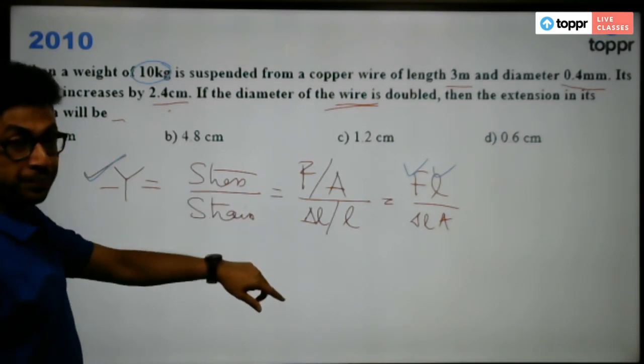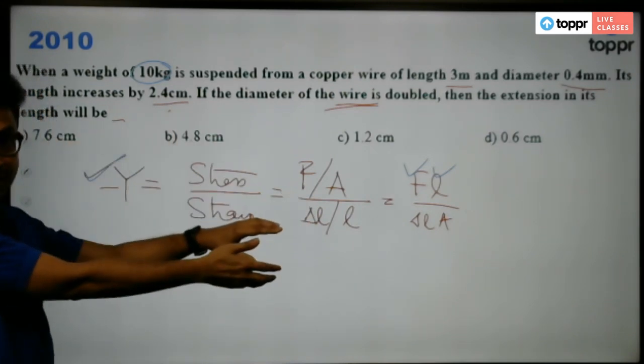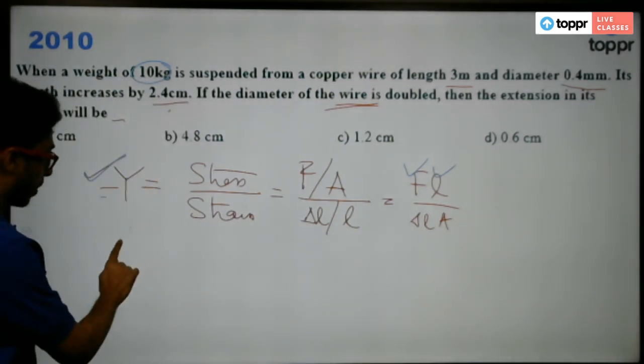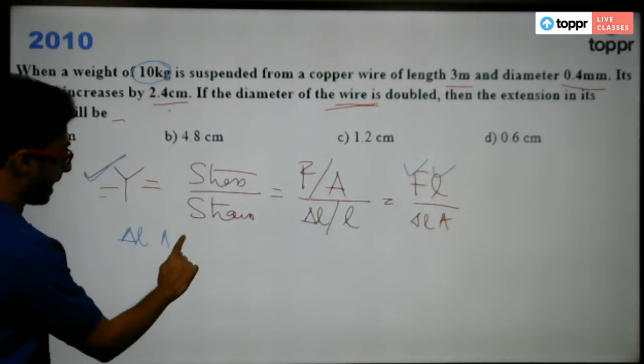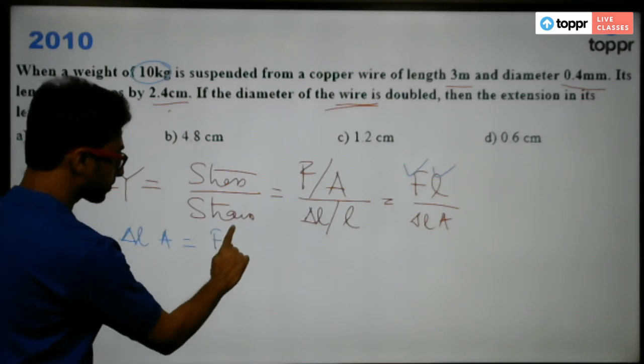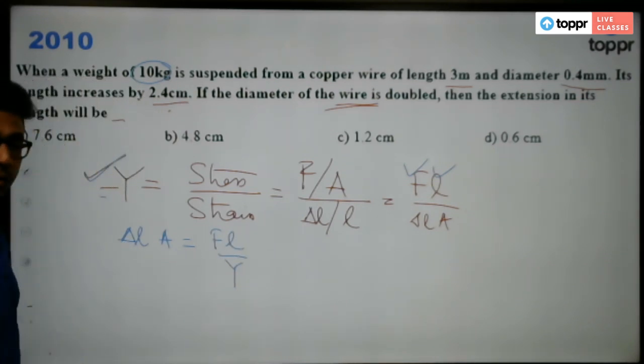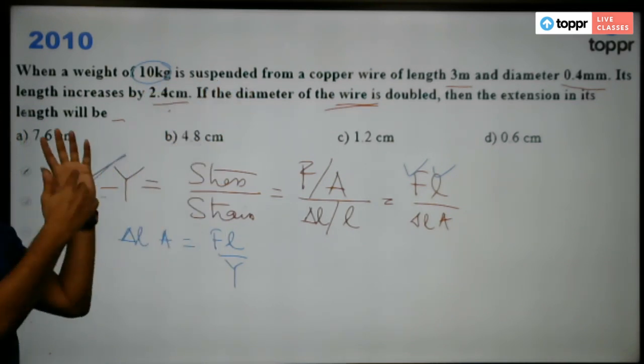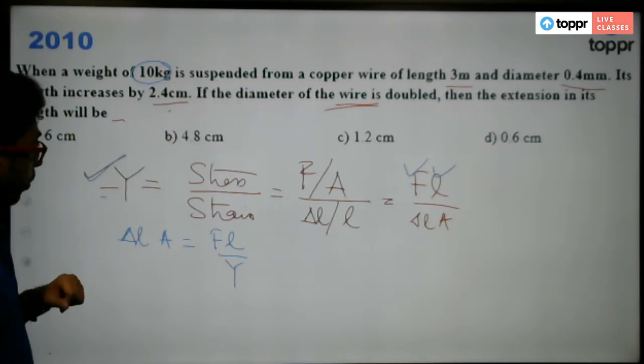If we take the constants to one side and bring the variables to the other side, we can write delta L times A equals FL by Y, which is a constant in this problem, right? Now what is A?